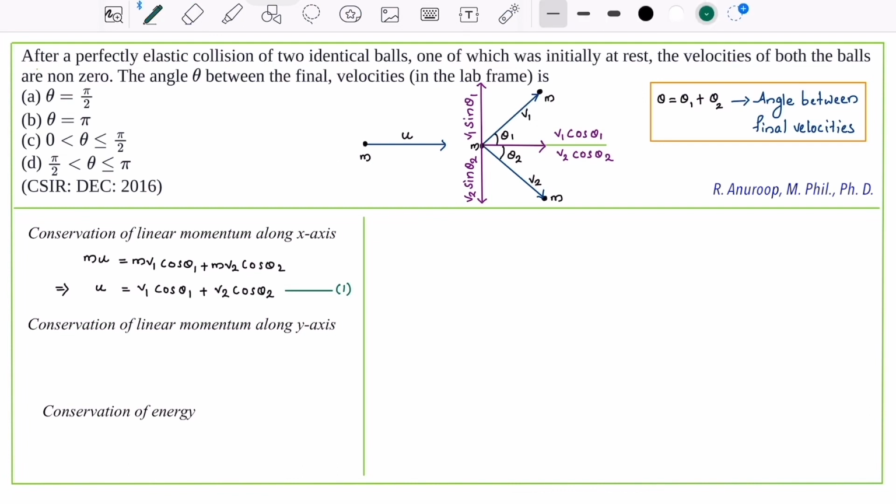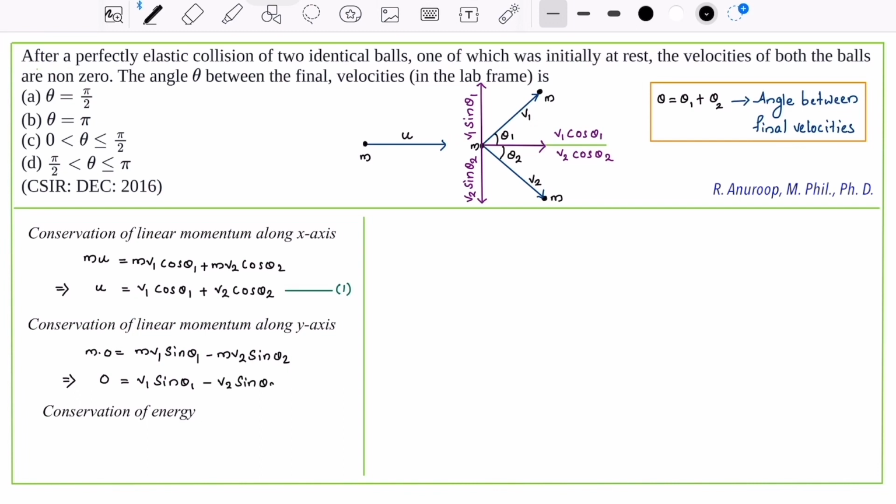Similarly, we have the conservation of linear momentum along the y-axis. We can write m into 0 equals mv1 sin theta 1 minus mv2 sin theta 2. This implies that 0 is equal to v1 sin theta 1 minus v2 sin theta 2.